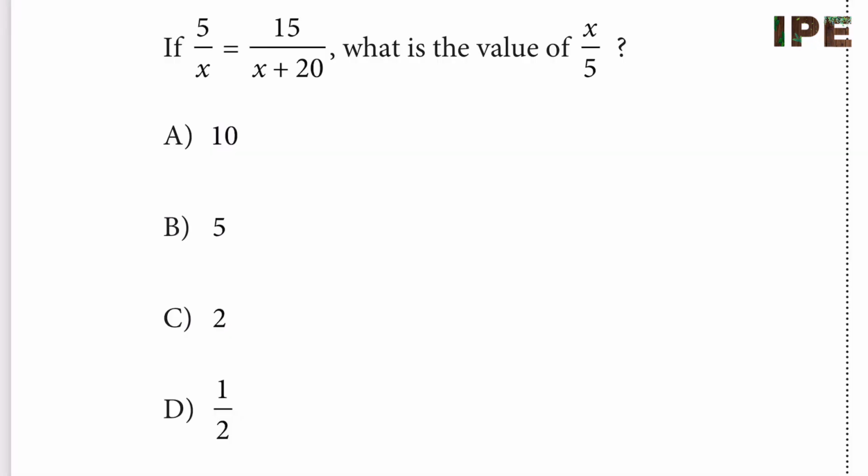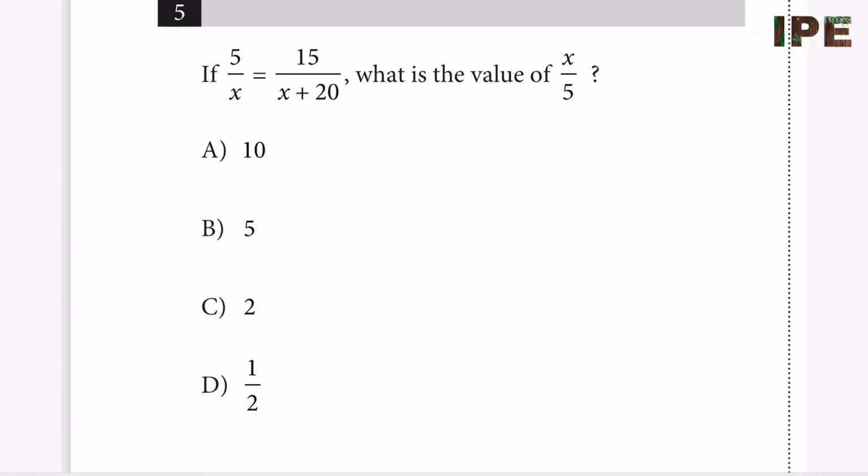This problem is about a linear equation. Yes, it is, because it looks like a rational equation because of the fraction forms. But if you use cross multiplying, 5 times x plus 20 is equal to 15 times x.